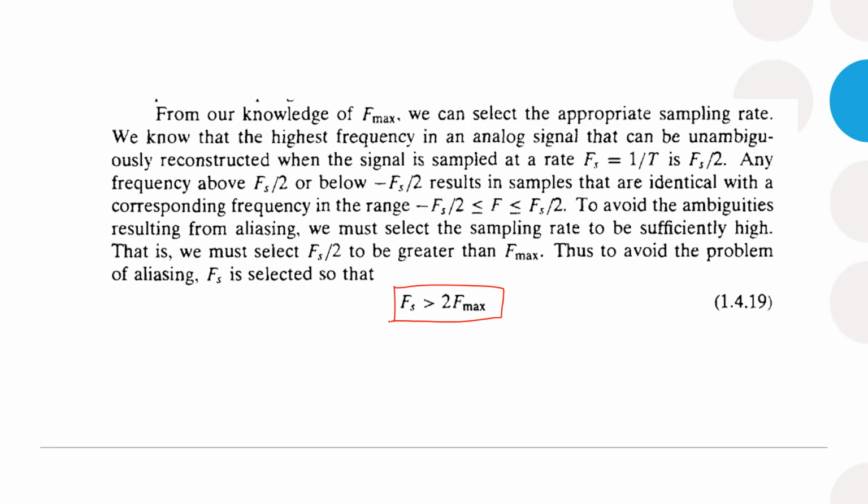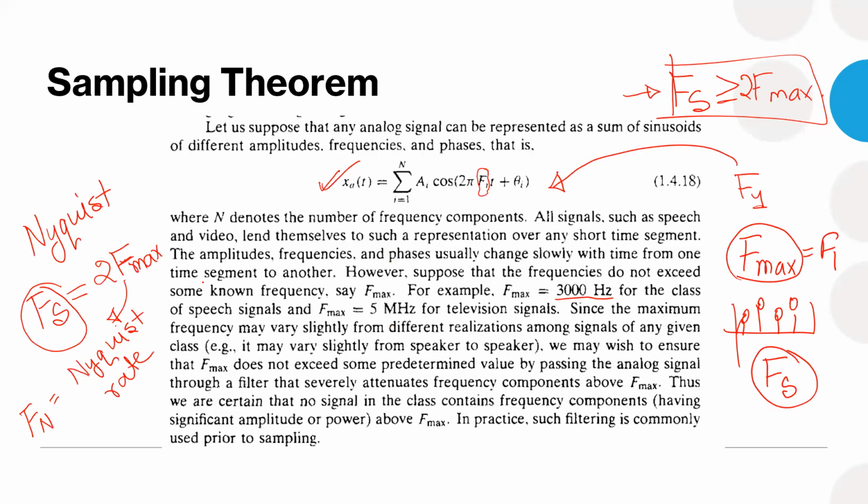Okay. So this is done to avoid the reconstruction problem, which is known as aliasing. So if we discuss this aliasing problem or reconstruction problem, then we can say that let's suppose any signal can be represented as a sum of sinusoids of different amplitudes, frequencies, and phases.